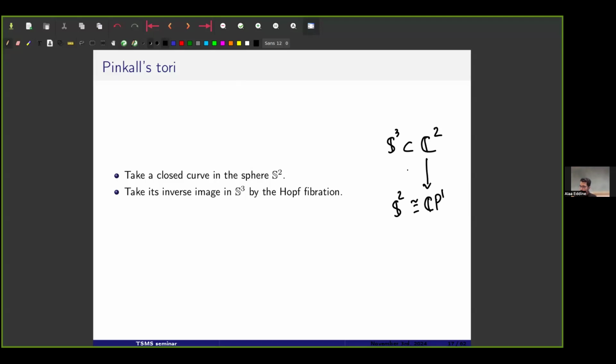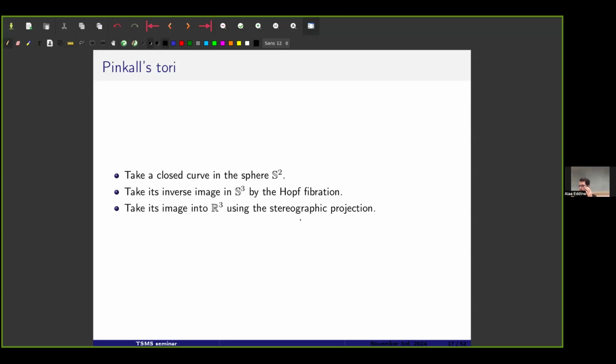And he proved that we can get all complex tori like this. Now they live in S3, but we can project them into R3 just using stereographic projection, because we know that S3 minus a point, the stereographic projection is a conformal map into R3, so it will not change the conformal structure of these tori.